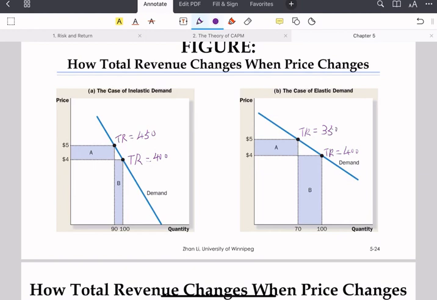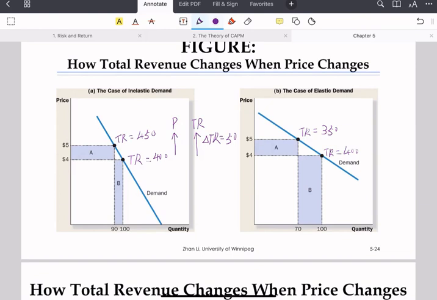Now, what you can see here is as we increase price, right, on this left hand side, the total revenue also increases. To be more precise, the change in total revenue equals 50, right? Here I'm using the sign delta. So delta total revenue means the change in total revenue.